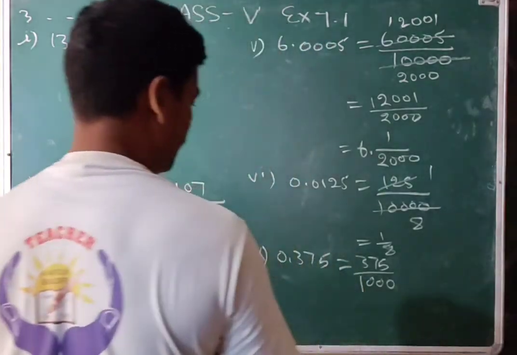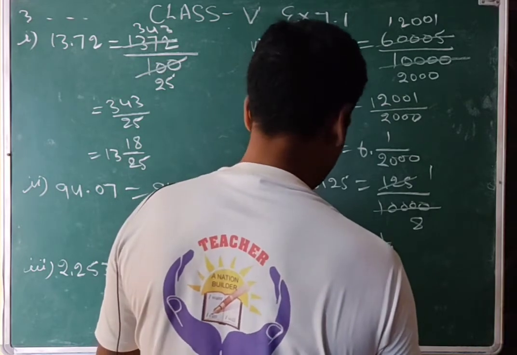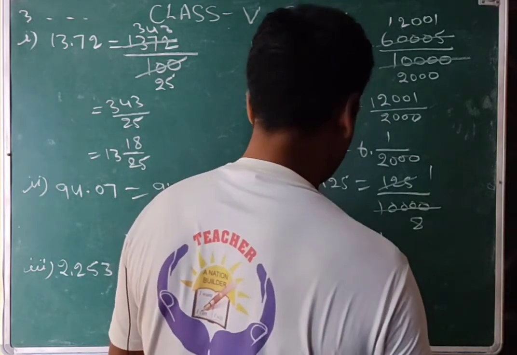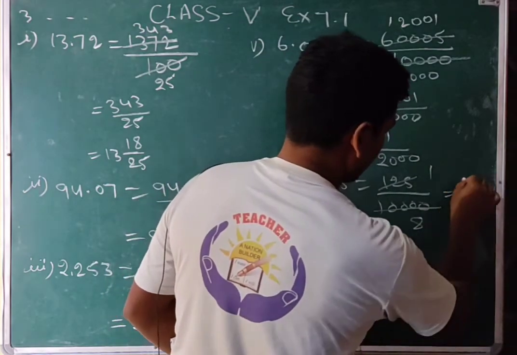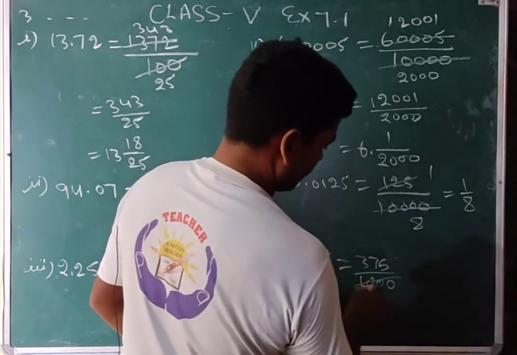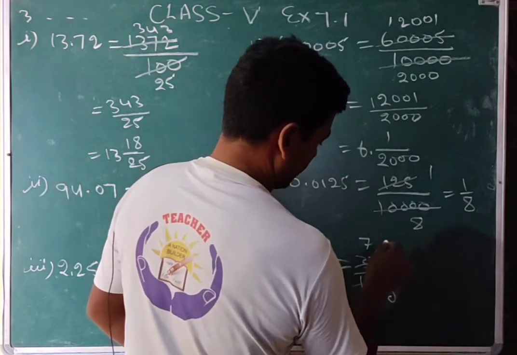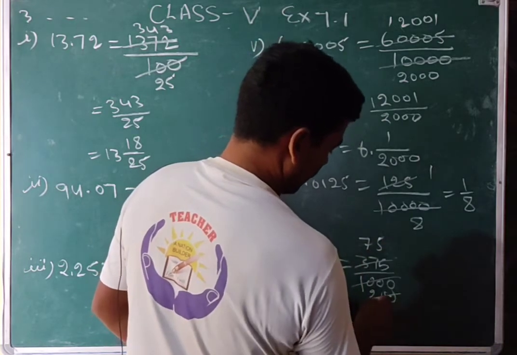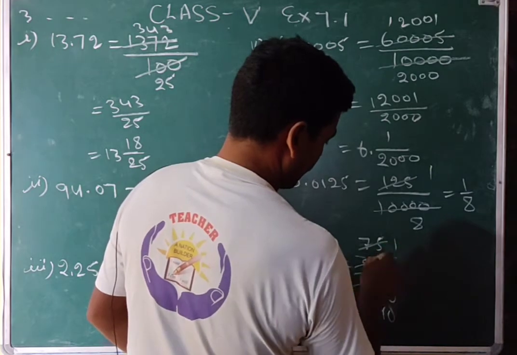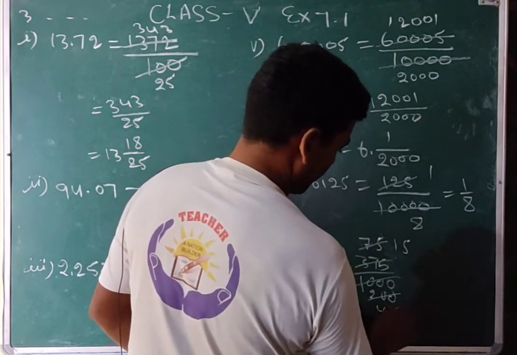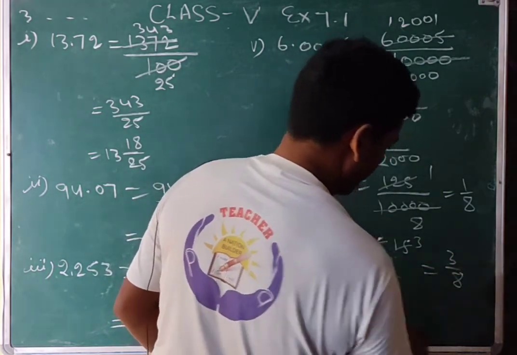This will be cancelled by 25. First of all, we will check from 1 upon 8. We can write here 1 upon 8. 5 2s are 10, 5 7s are 35, 25 5s are 125, and then 5 4s, 5 1s are 5, and then again by 5, 5 8s are 40, 5 3s are 15, so that is 3 upon 8.